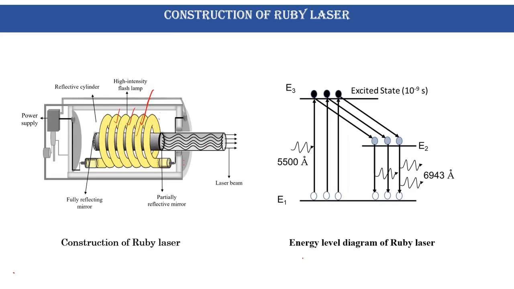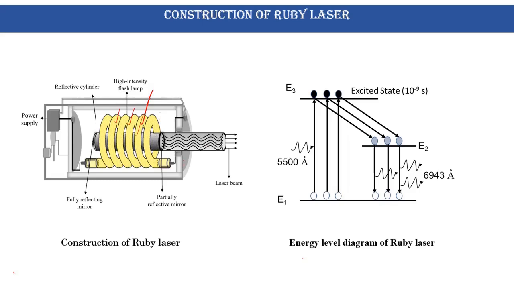These photons bounce back and forth between the two mirrors, and during this laser action, millions of photons are released with the same energy. Thus, the light is amplified and escapes through the partially reflecting mirror to produce laser light.